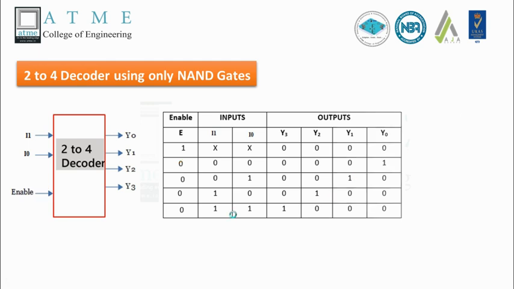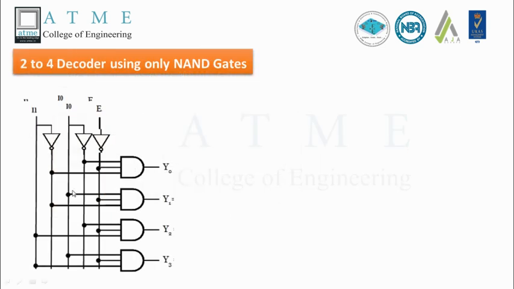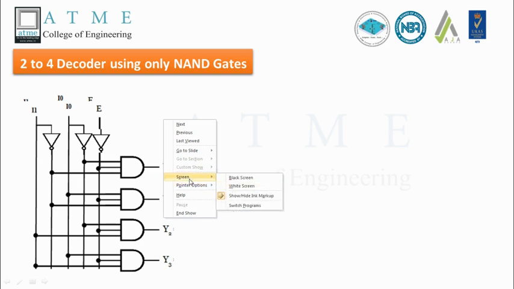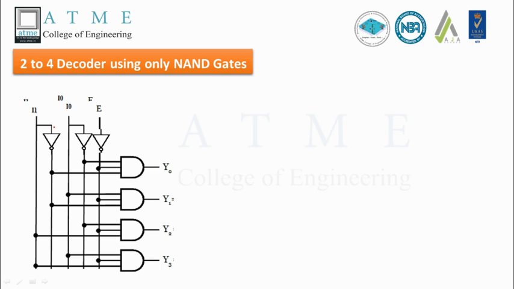Now using these logical equations, we can represent the system design in terms of interconnection of logic gates. The same expressions that we have seen in the earlier slide are represented in the form of interconnection of logic gates. So this is the I1 line, I0 line and enable line. I hope you know how to represent those equations in terms of interconnection of logic gates.